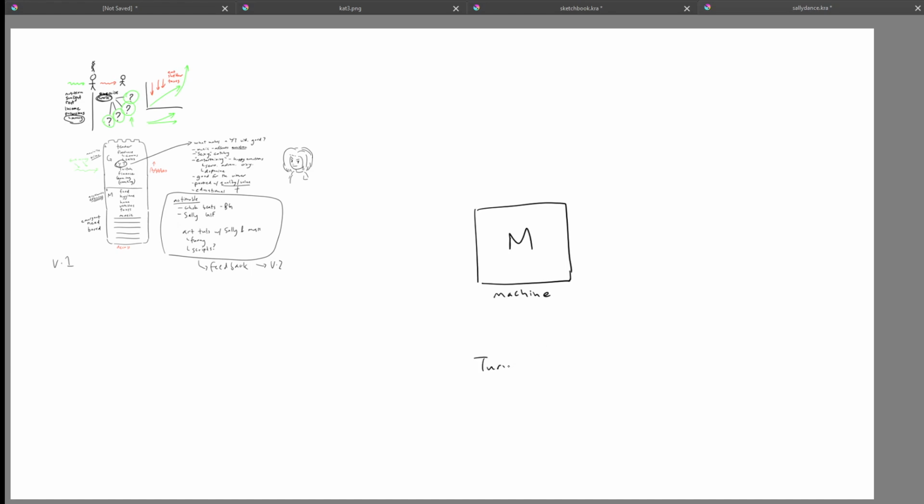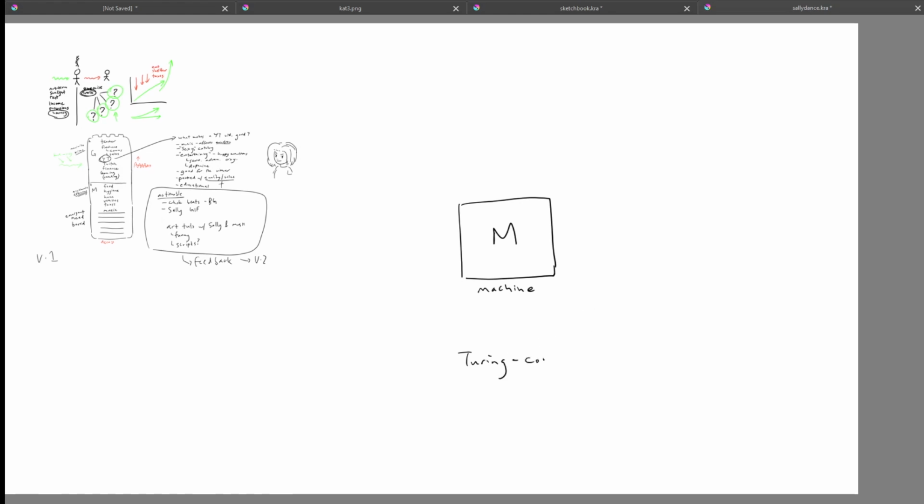I'm just going to give it a really simple description: a Turing machine can compute anything. Call it Turing M. Turing M can compute anything.